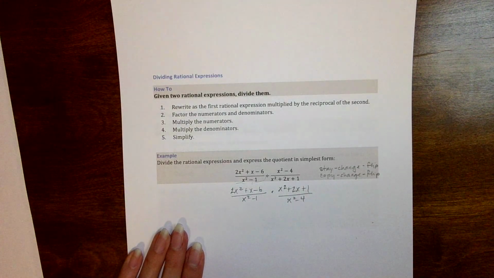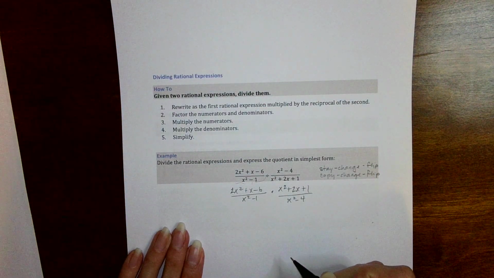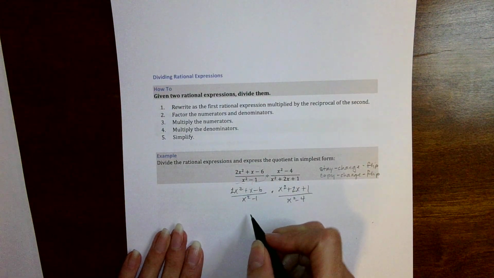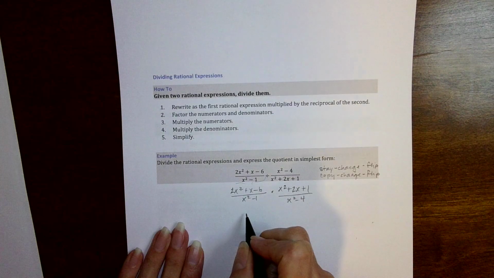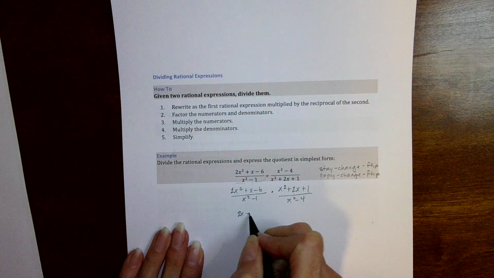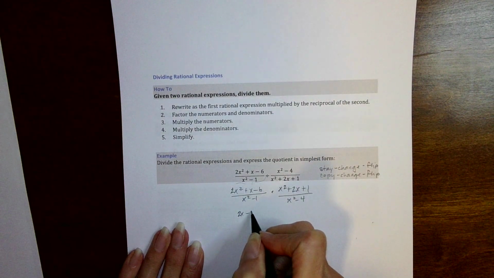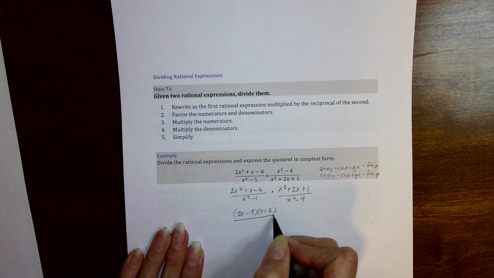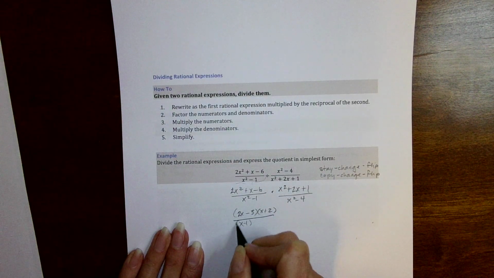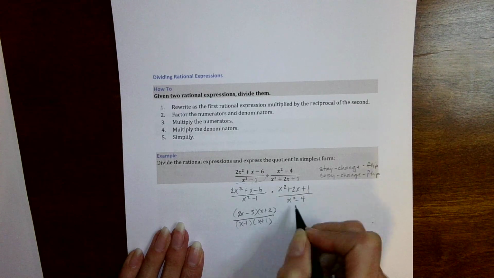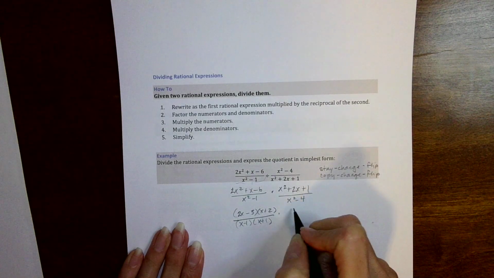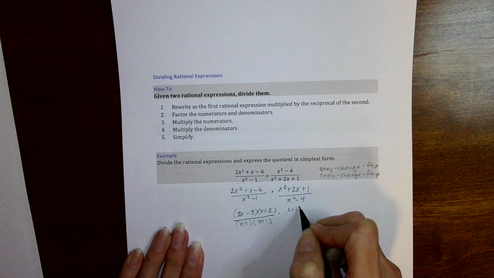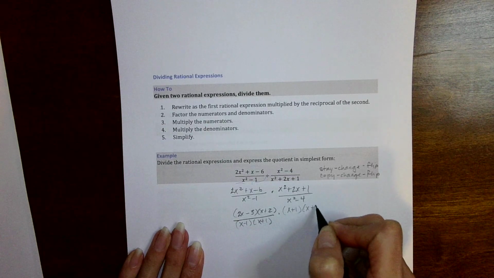And now I'm going to factor. So this gives me 2x minus 3, x plus 2. The bottom is x minus 1, x plus 1. This is x plus 1 times x plus 1.